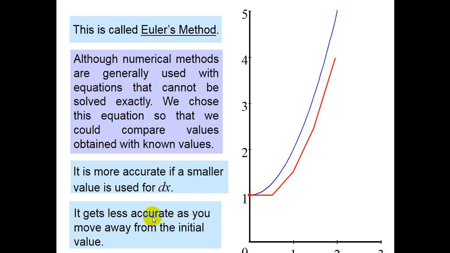It gets less accurate as you move away from the initial value. If the step is more than 0.5, it's less accurate for finding the graph of the given function.